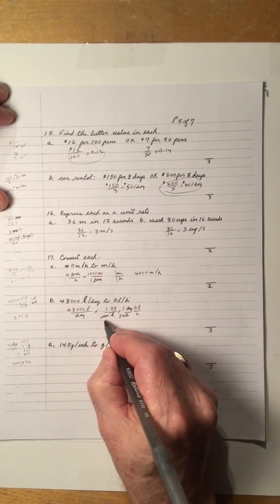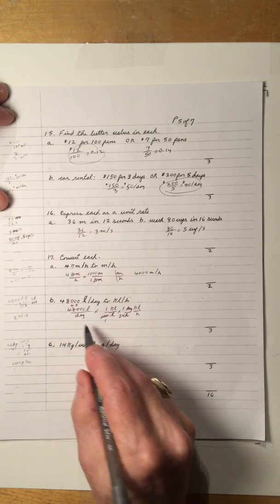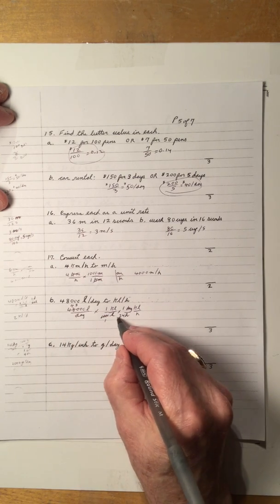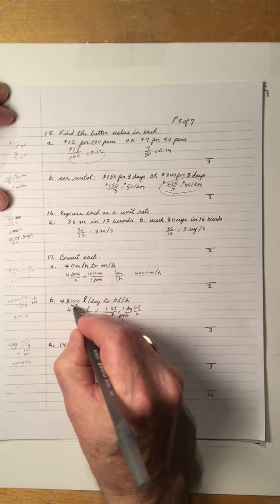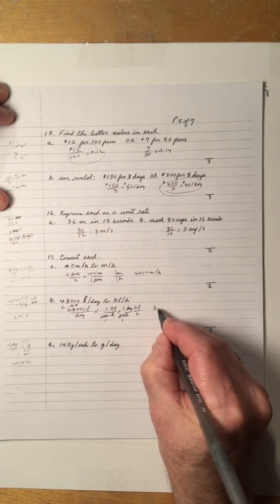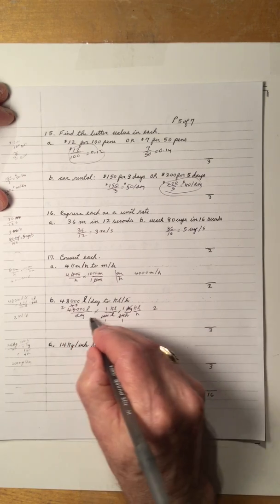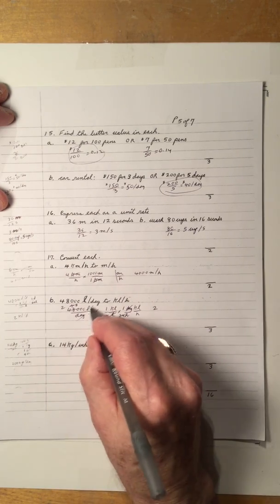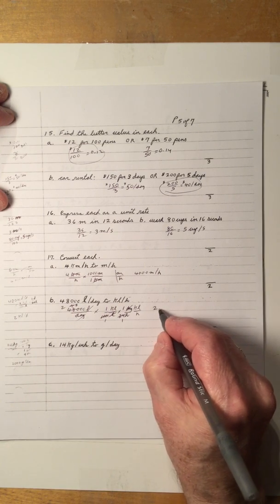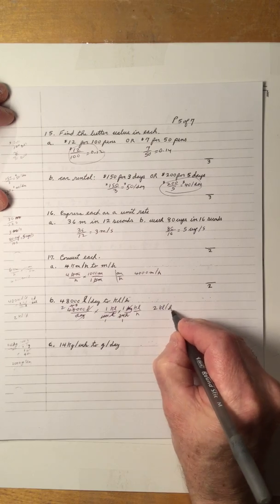When I cancel, 1,000 cancels into 48 times, and 24 goes into 48 twice. That gives me a 2 on top, and on the bottom the days cancel, the liters cancel, and I have 2 kiloliters per hour.